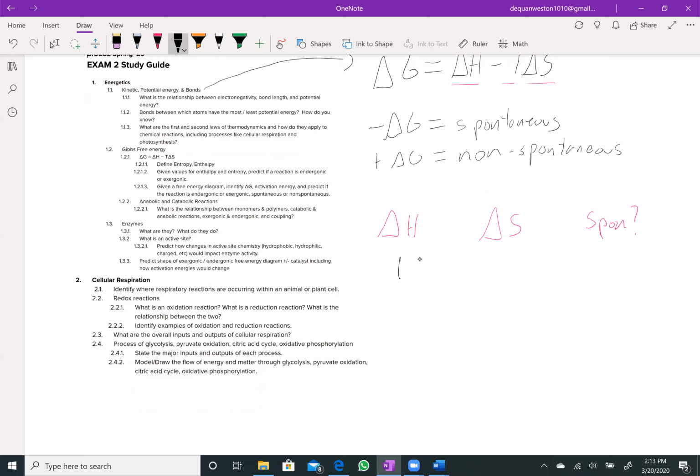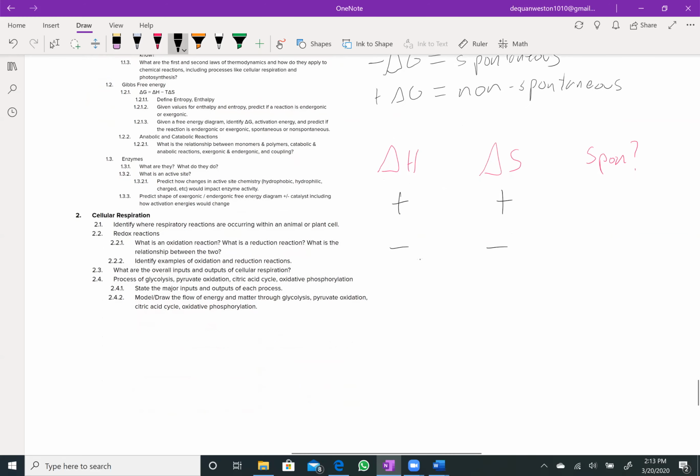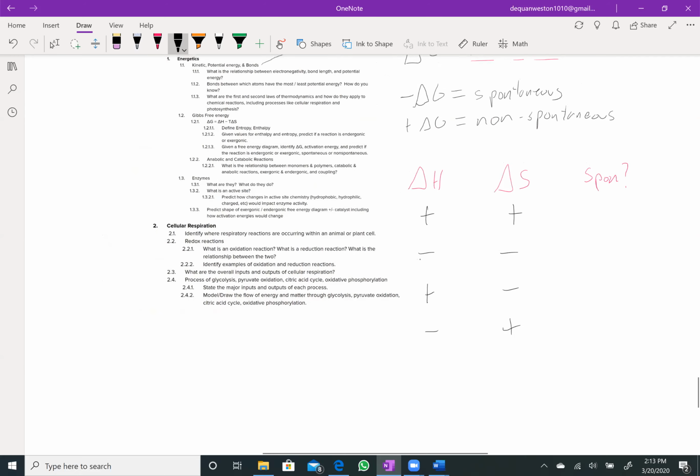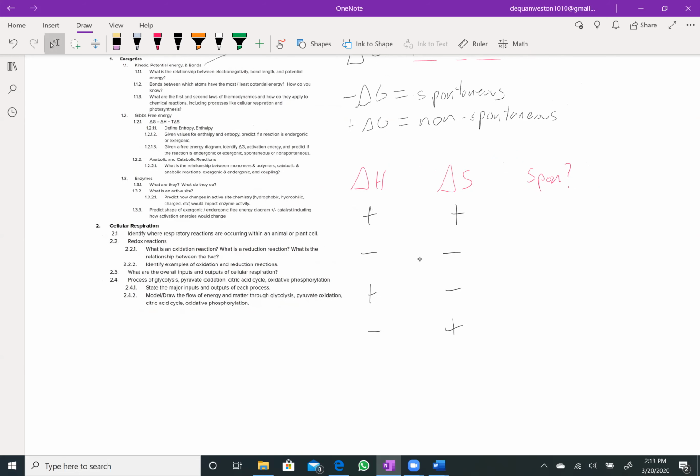First, I go plus plus, minus minus, and I like to make tables really simple and brainless like this because when I take a test, right off the bat, I just like to dump all my tables onto the front page. So the way I think about this is you have positive, positive. Think of a number line. Positive, positive, that's a high number. This is spontaneous at high temperatures.